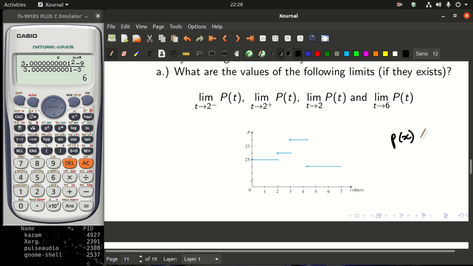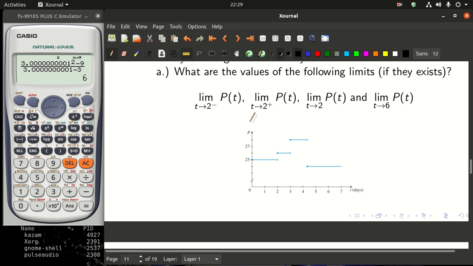Now, the question is, what are the values of the following limits if they exist? If they don't exist, explain why they don't exist. So I have this function, which is given nicely as these pieces of curves here.